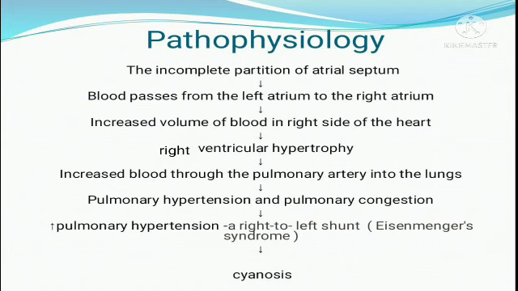From here onwards, complications begin. When the pulmonary vascular resistance increases, it slowly prevents blood flow and the pressure within the right side increases. At one point, it becomes more than the left side of the heart. Now the reverse shunt occurs.